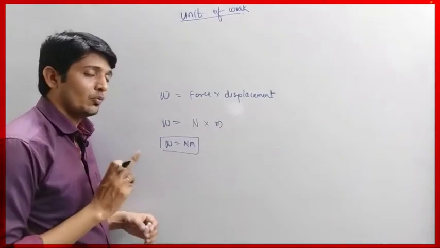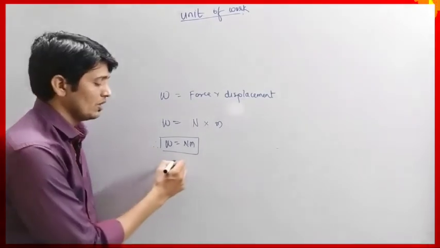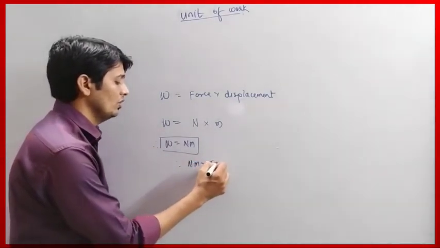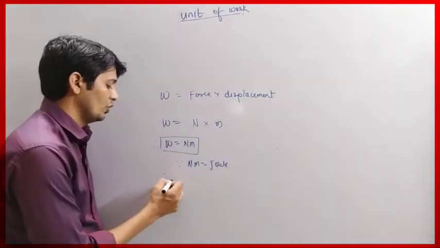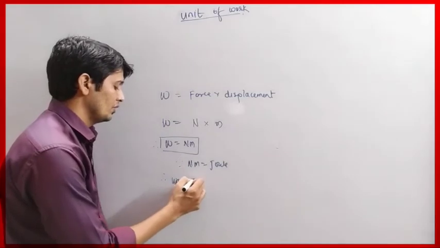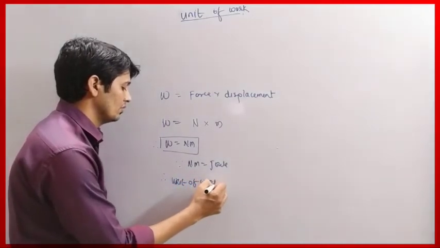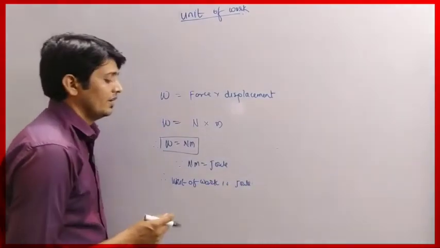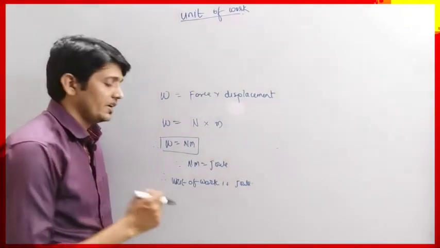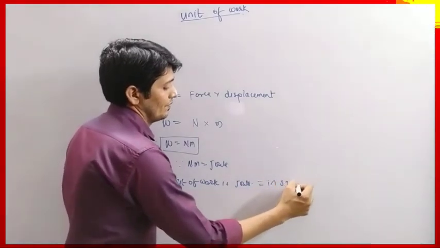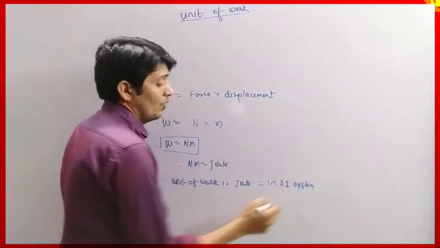Newton meter is nothing but joule. We call 1 Newton meter a joule. Since Newton meter equals joule, therefore the unit of work is joule. Okay, this is in the SI system. What is the SI system?